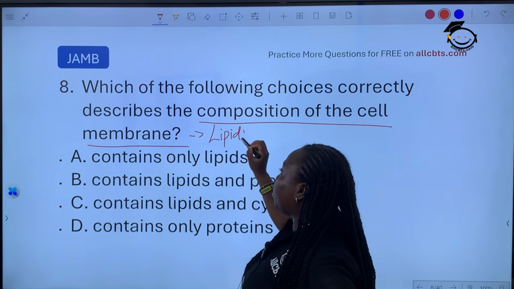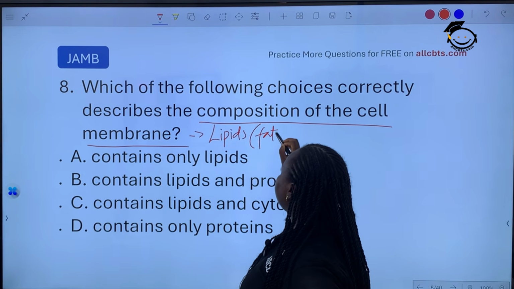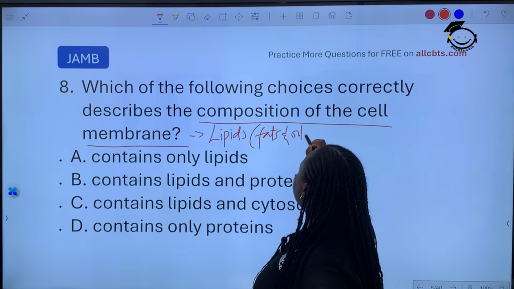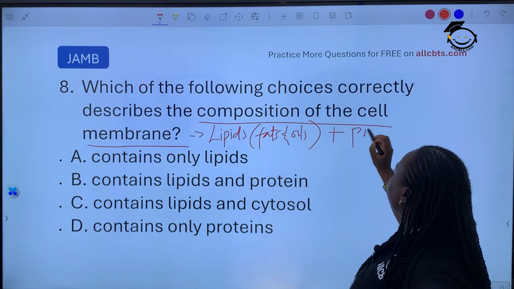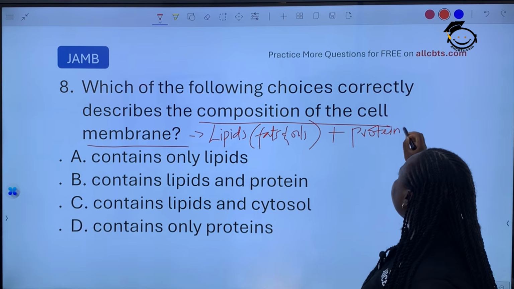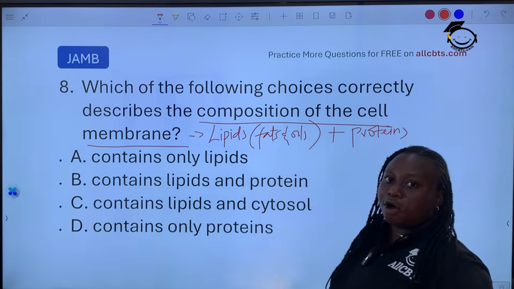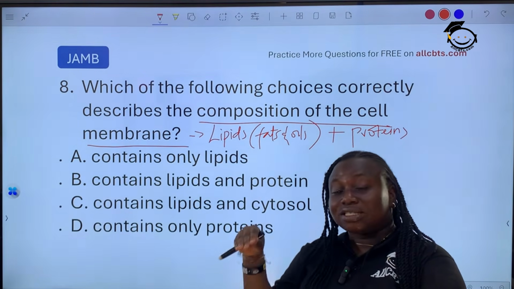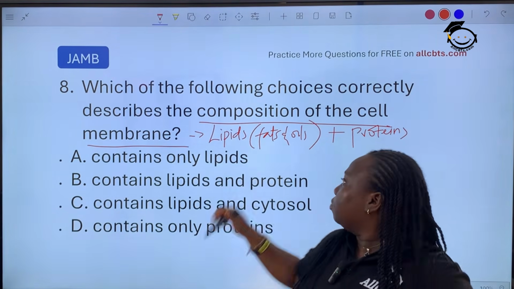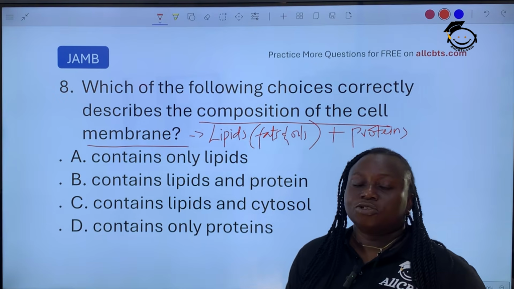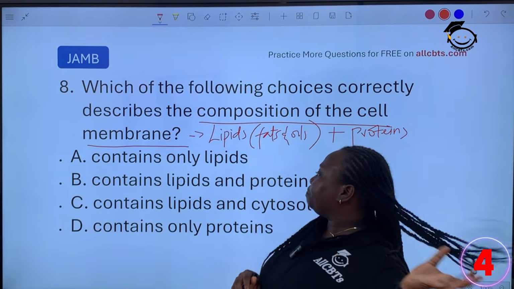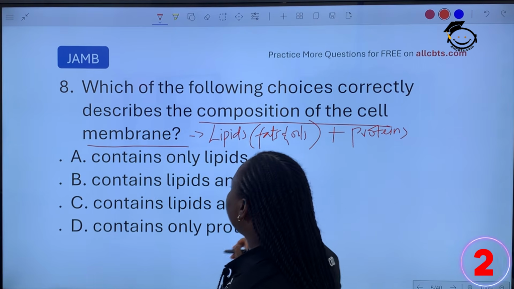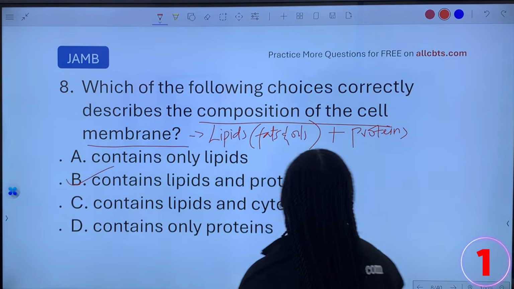That is fats and oils, plus proteins. So these lipids, they form the surroundings. So inside these lipids are proteins. So that's what the cell membrane is made up of. And that makes our correct answer option B.